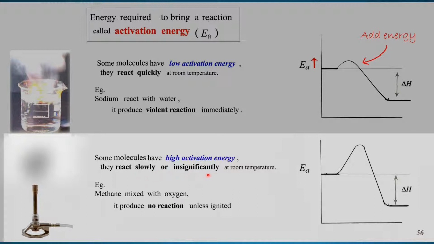Actually, you don't see it happening without adding energy, like methane with oxygen, or even petrol mixed with oxygen. We learned that fuel with oxygen produces a lot of heat.